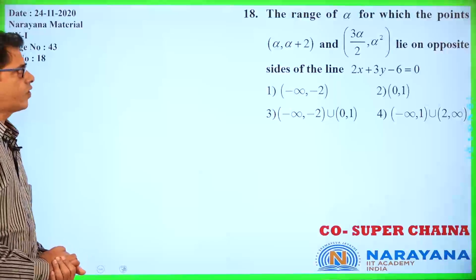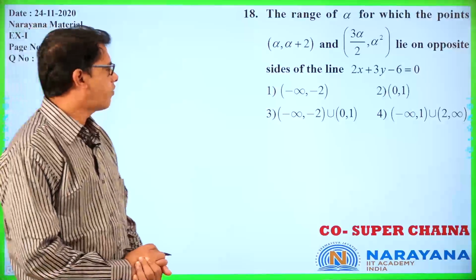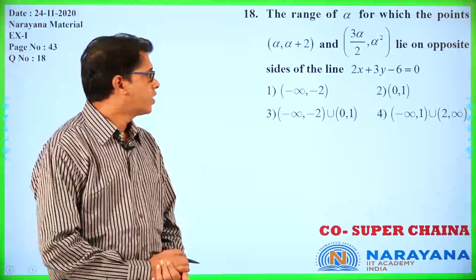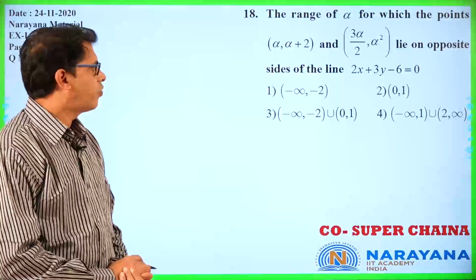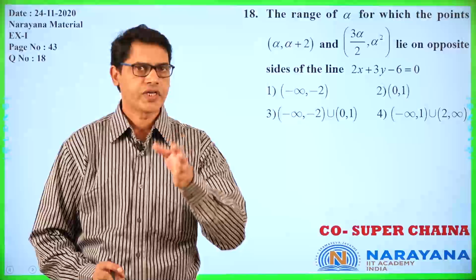So this is the procedure to find the range if P lies between any two parallel lines. Next: find the range of alpha for which the points (alpha, alpha plus 2) and (3 alpha by 2, alpha square) lie on the opposite side of the line. It is just an application of the formula.